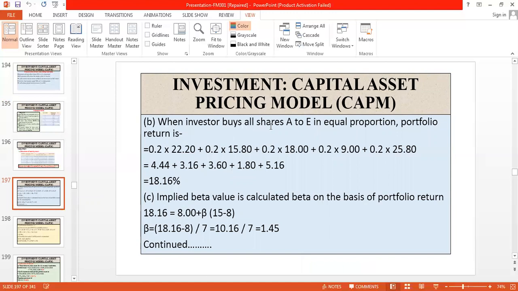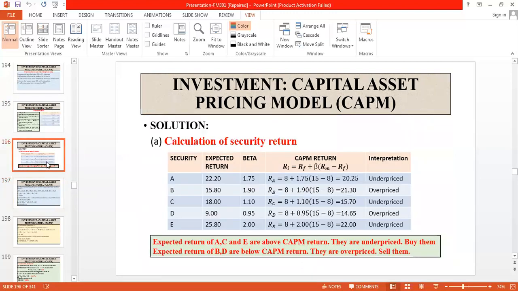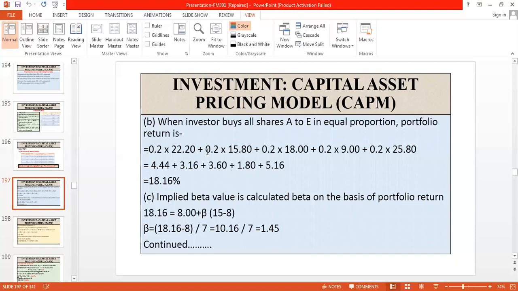When investors buy all shares A to E in equal proportion, since it is equal proportion in 5 shares, the weight will be 0.2 in each case. So 0.2 into 22.2, 0.2 into 15.8, 0.2 into 18, 0.2 into 9, 0.2 into 25.18.